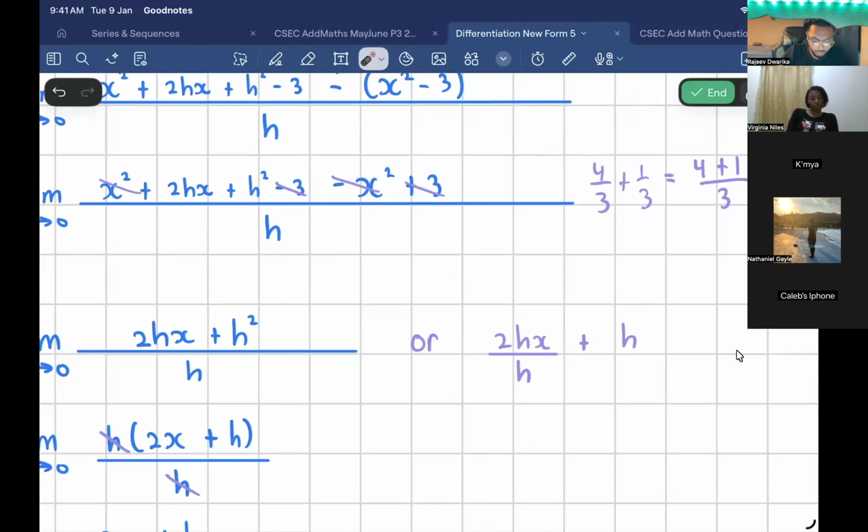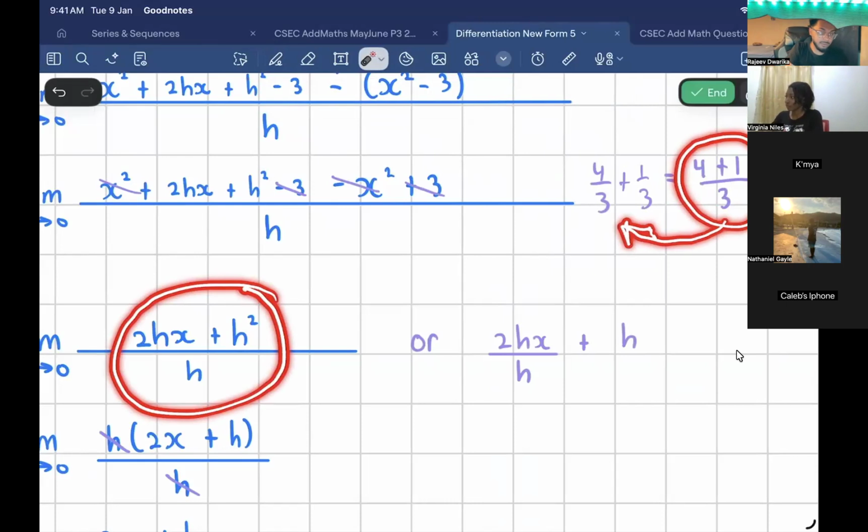See how we had 4 over 3 plus 1 over 3, and we wrote that as 4 plus 1 over 3? If I split it, what do I get back? I get 4 over 3 plus 1 over 3. So you apply the same concept here. I will say 2hx over h plus h squared over h.